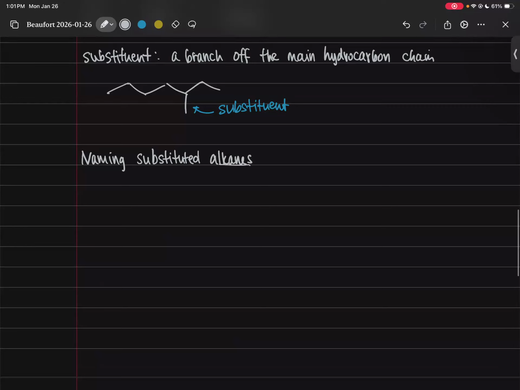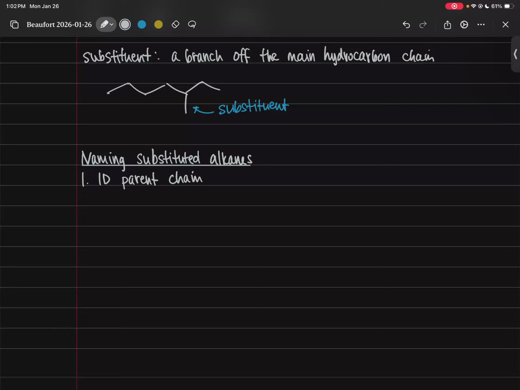Okay. So here is the cheat sheet for naming of alkanes. First step, which we've already done, is to identify the parent chain. So in this case, it's easy, right? It's horizontal and it's a nice long parent chain.